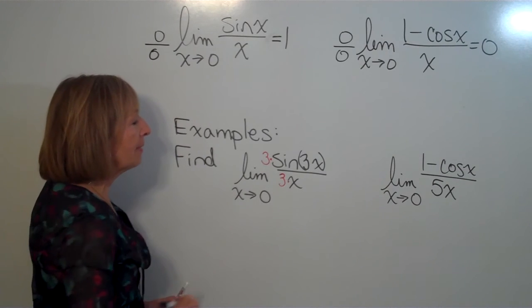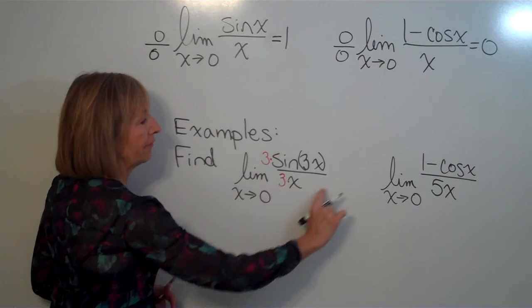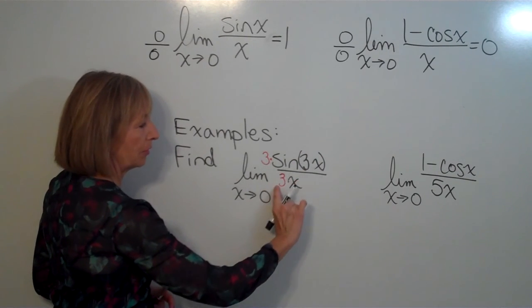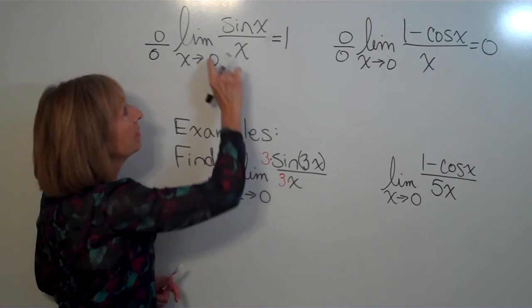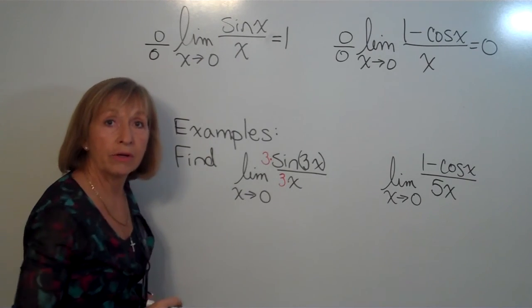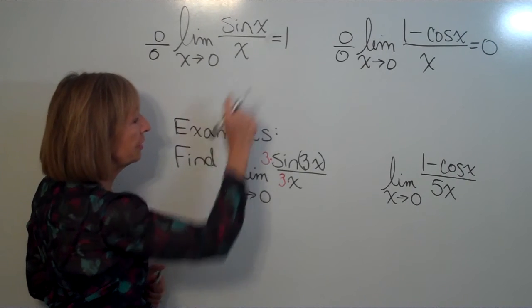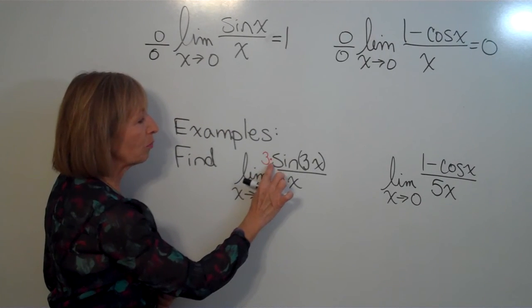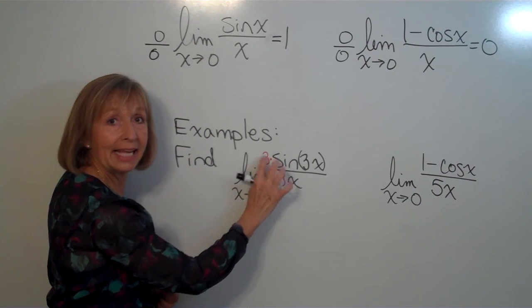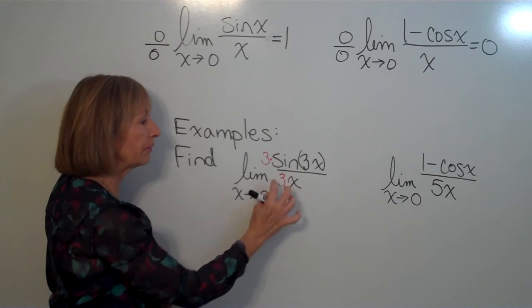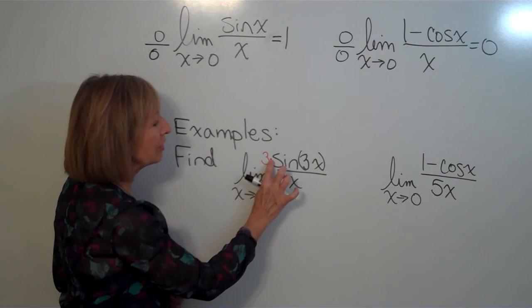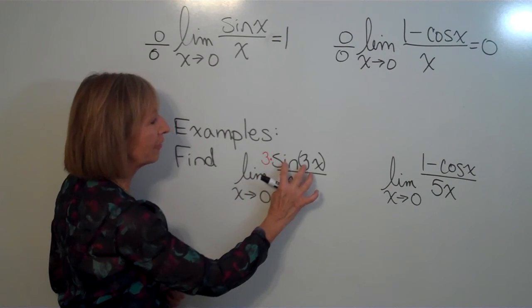Now the denominator 3x and the sine of 3x, that is the part that is similar to our original definition here. This 3 that's multiplied in front of the sine of 3x, that I had to do to make it an equivalent statement, is just a factor in front.